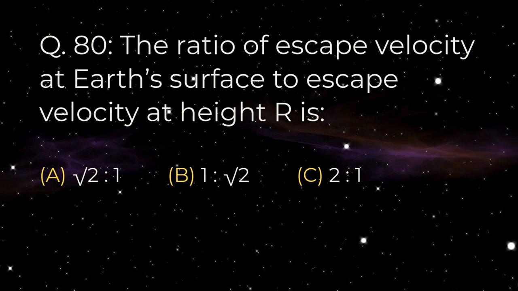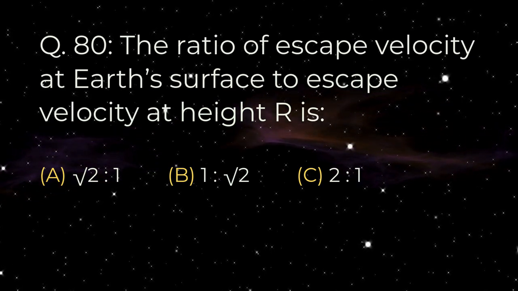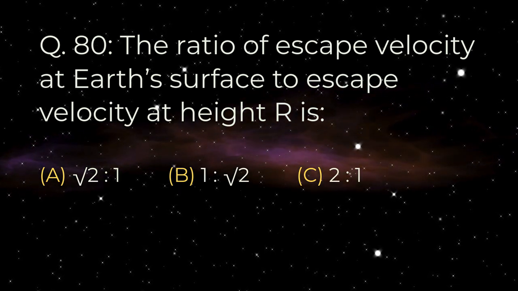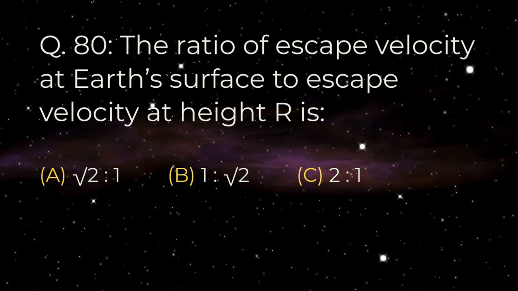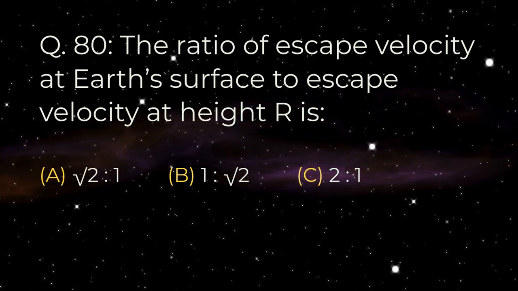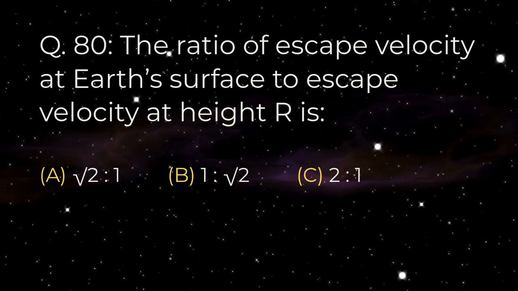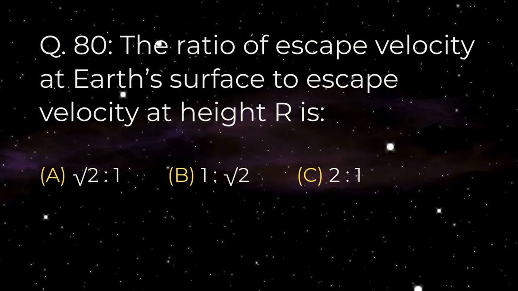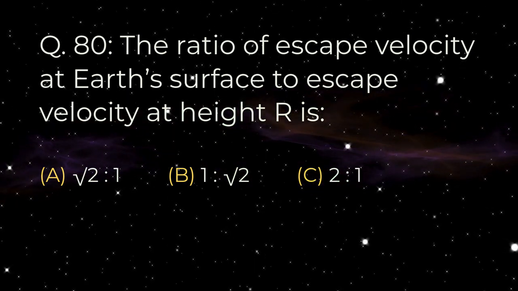The ratio of escape velocity at Earth's surface to escape velocity at a height equal to Earth's radius is: option A, root 2 is to 1; option B, 1 is to root 2; option C, 2 is to 1.